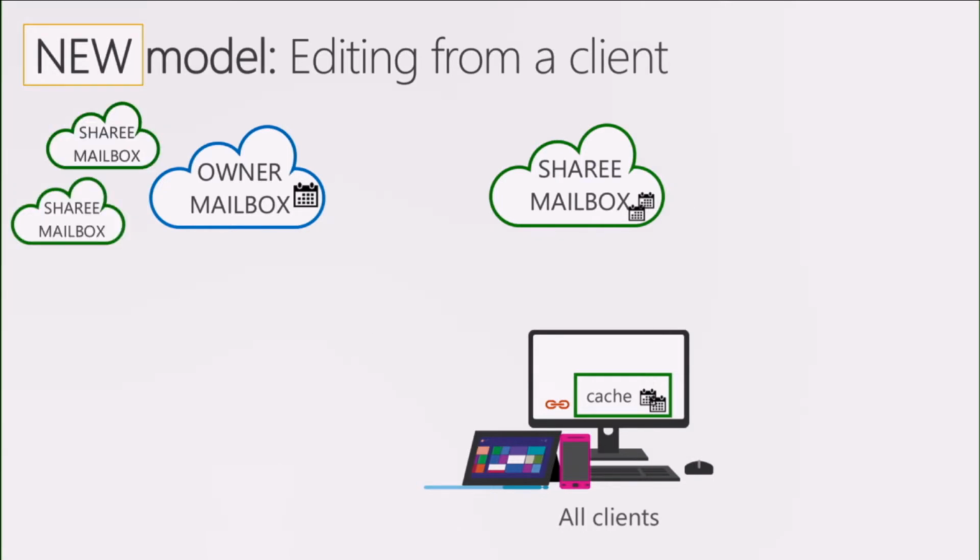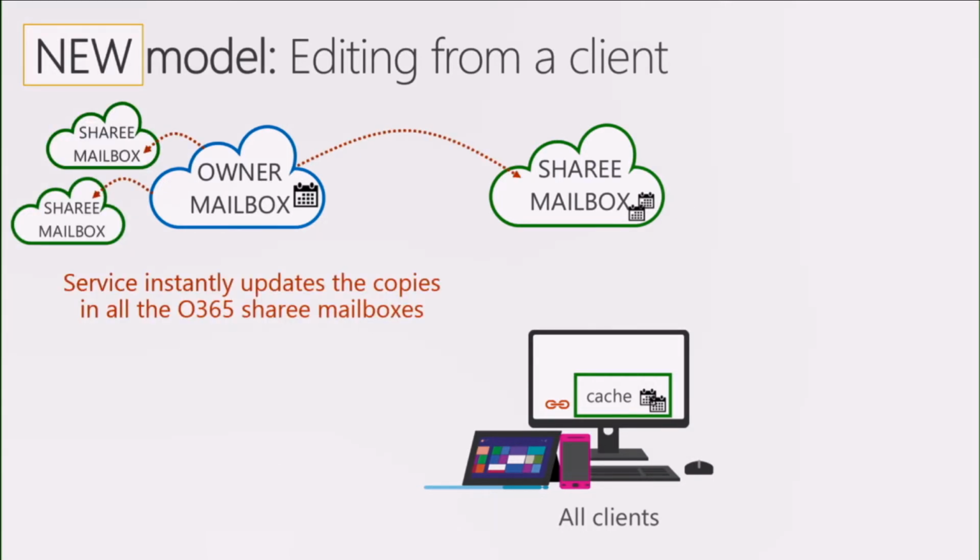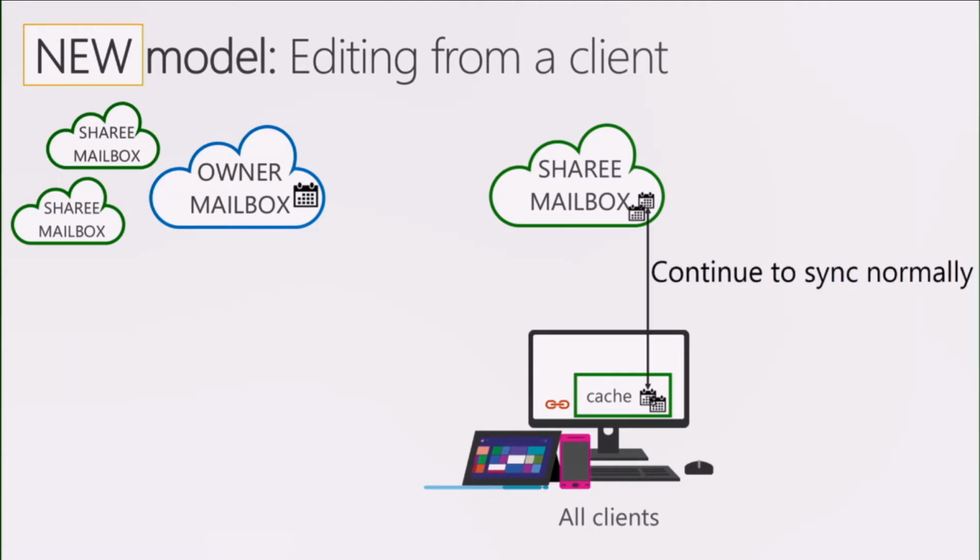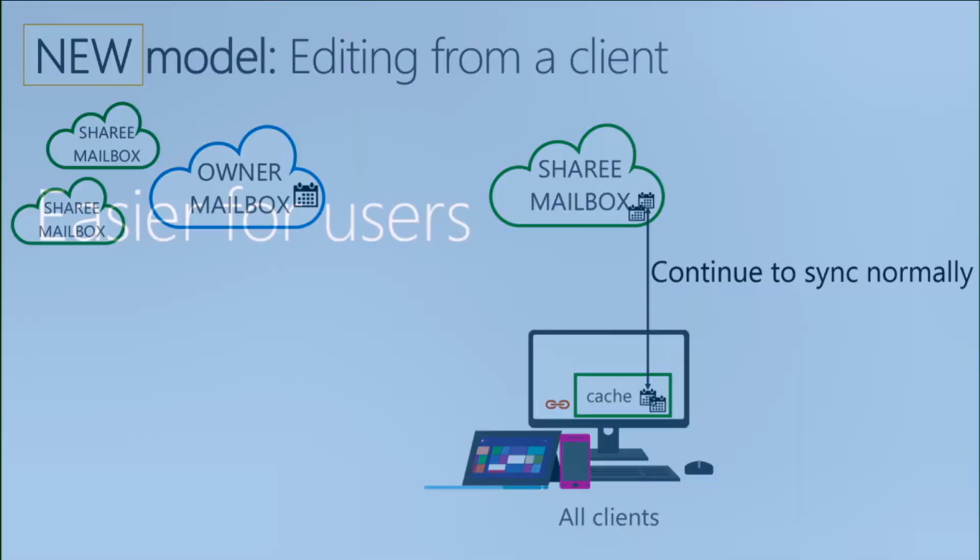And then at the same time we see it in the owner's calendar, instantly we sync it out to all of the other cloud mailboxes, all the other sharing mailboxes. So changes are being pushed out to everyone's mailbox, so you get it synced to you instantly and synced down without having to go query for what has changed. And then you as the sharee continue to sync just like you normally do. You never have to wait for new changes or conflicts or anything like that.